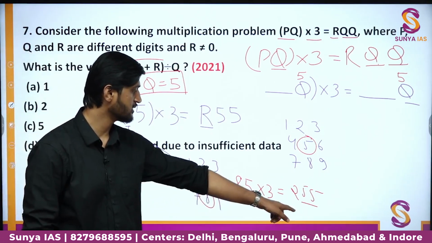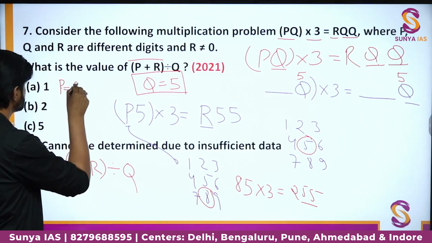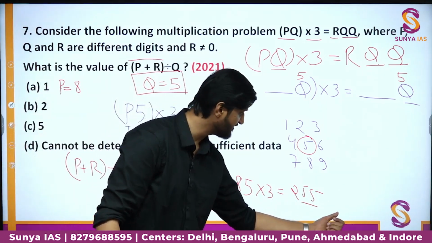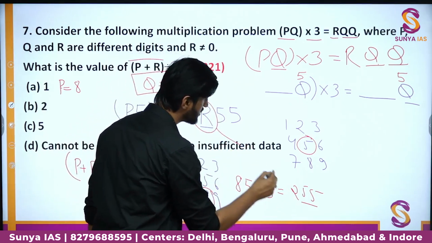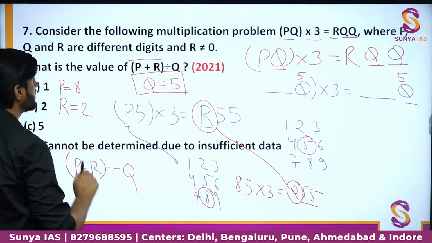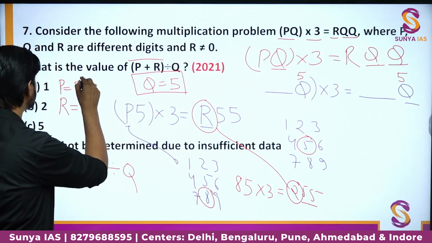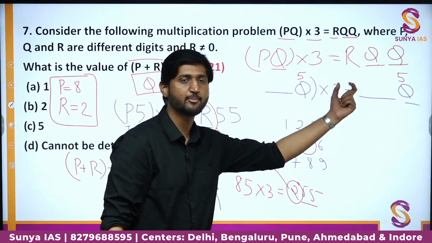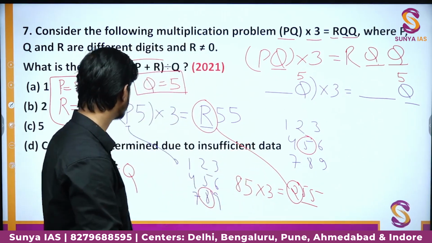So basically one can say that if you take the value of P as equal to 8, the pattern is followed and we get R55, the same term, and R is basically here equal to nothing but 2. So the digits which are satisfying the condition are Q is equal to 5, P is equal to 8 and R is equal to 2. So these are the values which we get by simple playing with numbers. This is a basic hit and trial approach. We are going to check one number after another and nothing else. Okay, that is the way here.